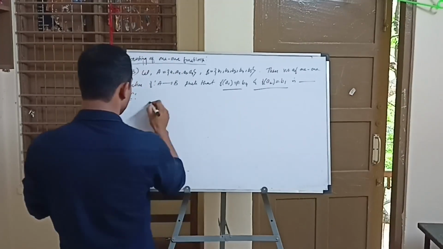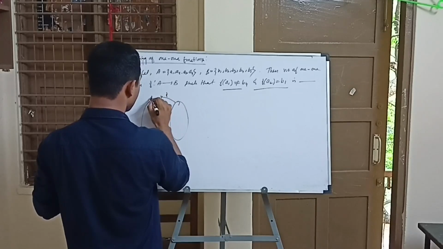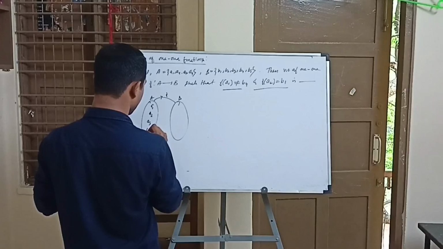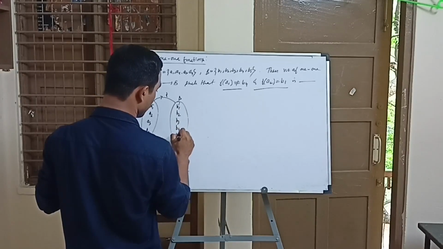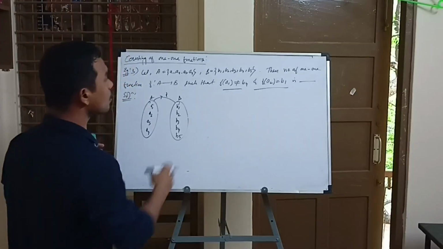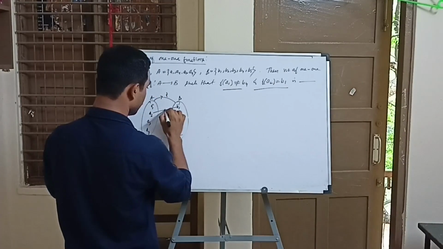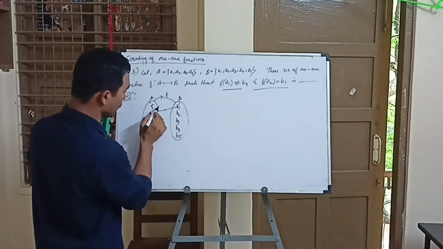Right. Let me draw a pictorial diagram quickly. F is here, A and B are here, A1, A2, A3, A4, B1, B2, B3, B4 and B5. The given condition is that the image of A2 is B1. Correct? This is fixed. The image of A1 cannot be B4.